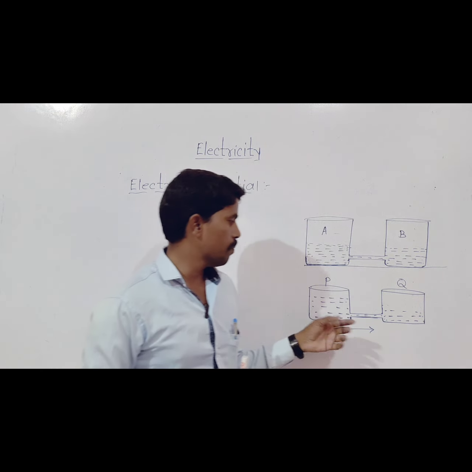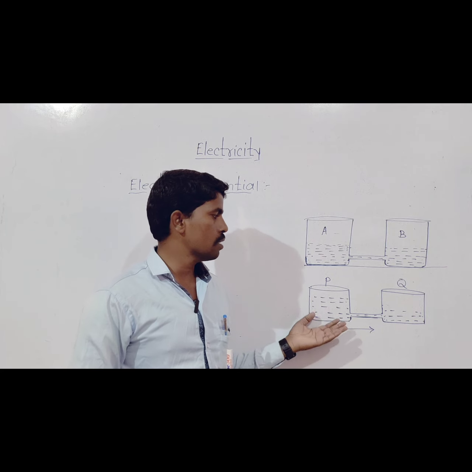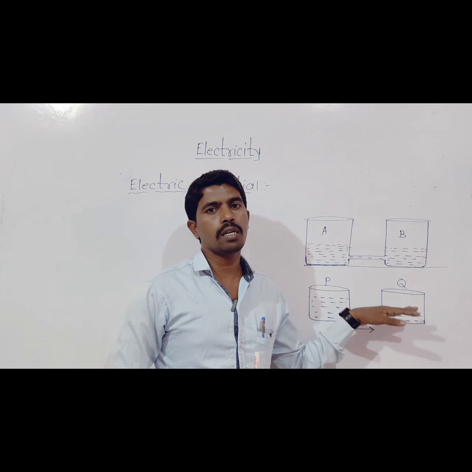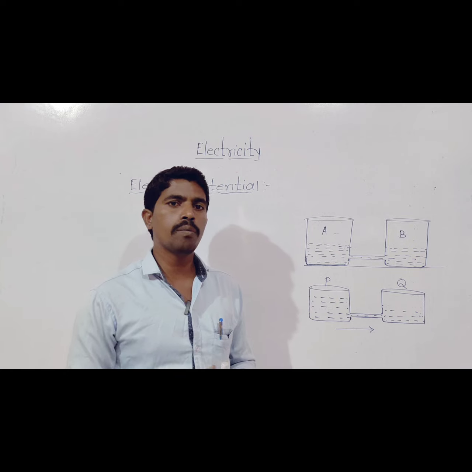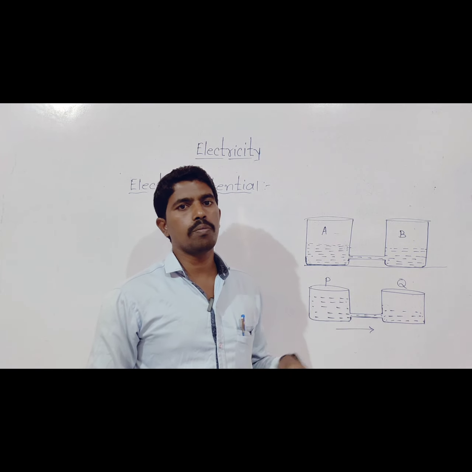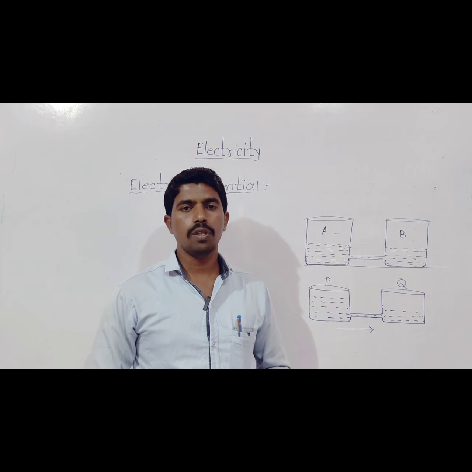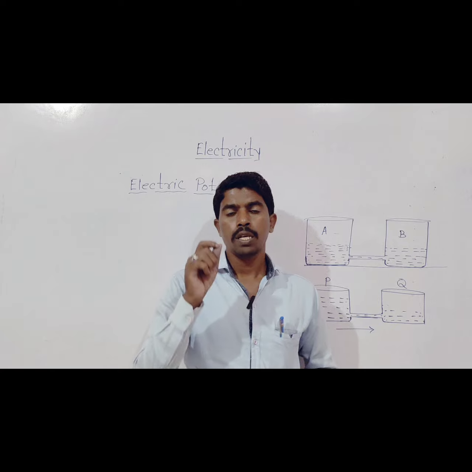In the second case, the level of water in container P is more and the level of water in container Q is less. Therefore, water flows from P to Q because the level of water is high in P. Therefore, water flows from high level to low level.